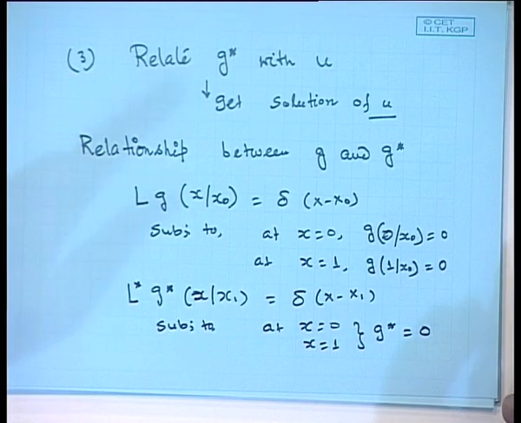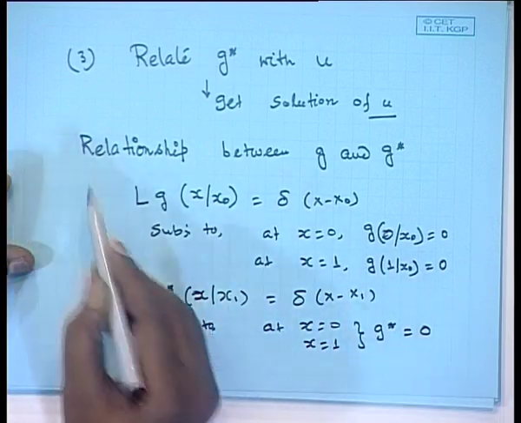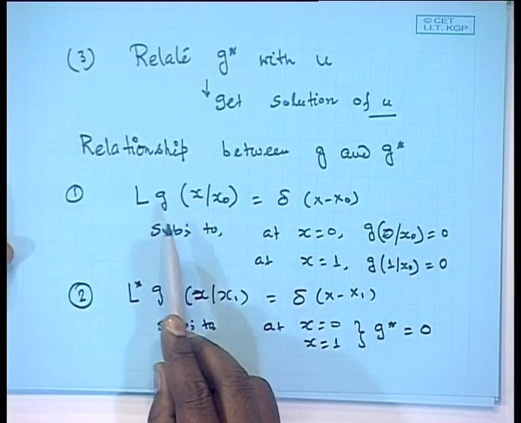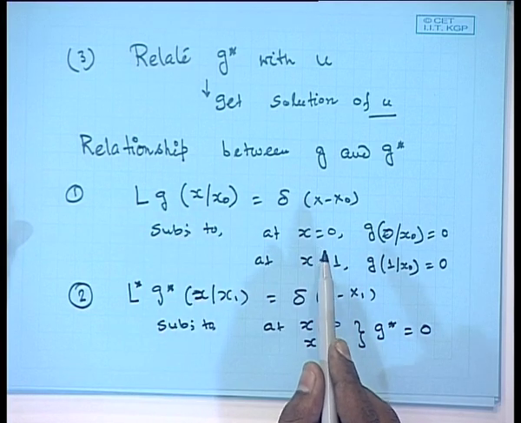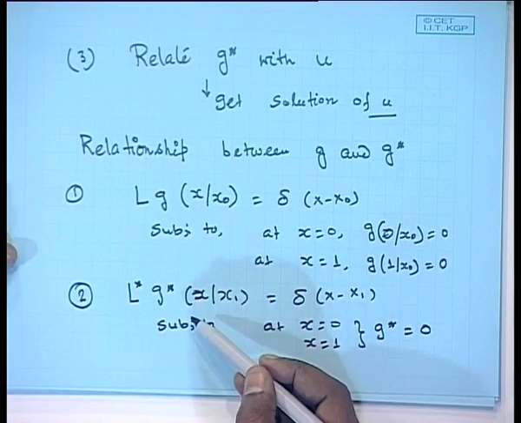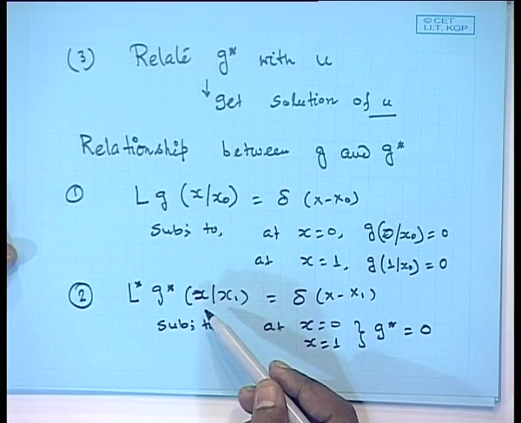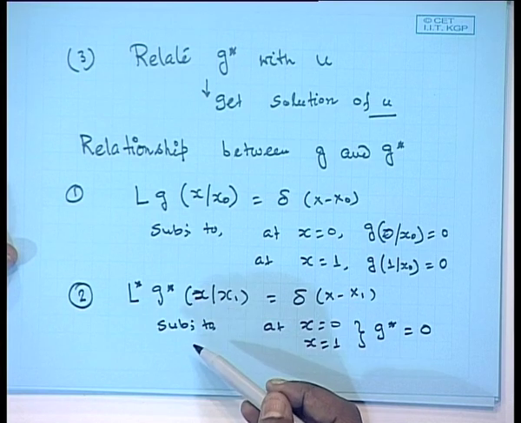Now, the relationship between G and G star: suppose this is equation number 1 and this is equation number 2. You multiply equation number 1 by G star dx, and multiply equation number 2 by G dx, integrate and subtract, and see what you get.